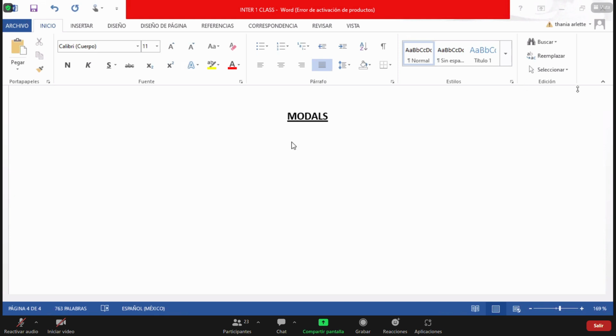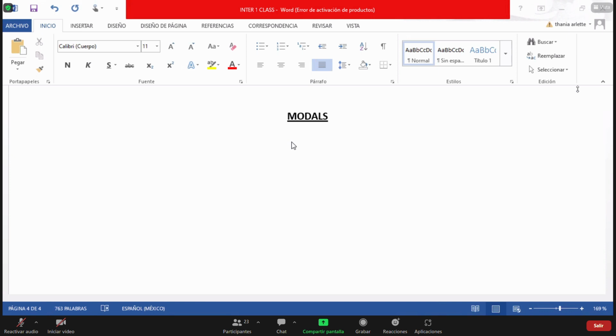Well, I was telling you that this session is going to be about modals. We are going to check 3 modals. This is a part of speech, the same as we have subjects, verbs, adjectives, adverbs, prepositions. Another part of speech is modals.